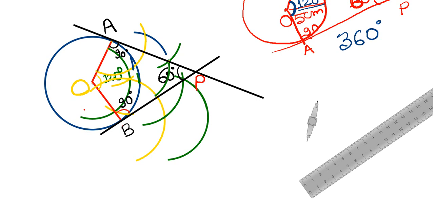You got it? So in this way, we have got the tangents which are inclined with each other at a 60 degree angle. It has been constructed here 90, here 90, and here 120. So the remaining angle must be 60 degree. Okay. Thank you.